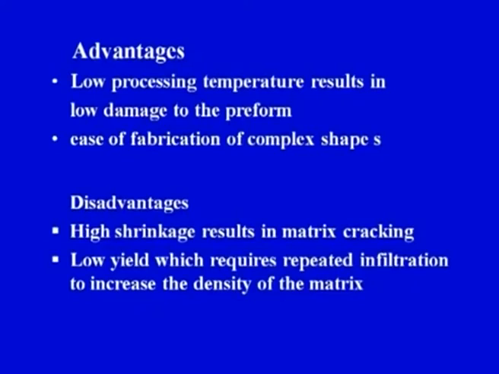Next is low yield, which requires repeated infiltrations to increase the density of the matrix. As we have seen in the 3 or 4 steps which were there in the process, if we are not able to generate adequate density, then we have to do multiple infiltrations, and therefore this process is a slow process.